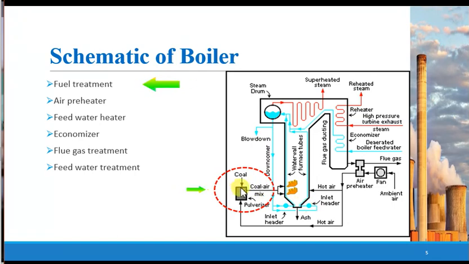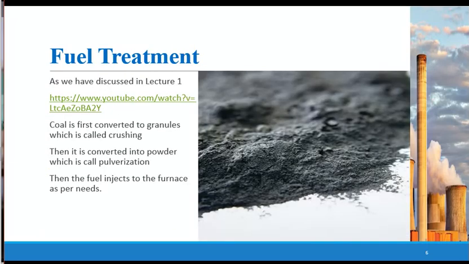The fuel here is coal, and when the coal is entering for combustion, we take coal from the mines, and it's just like rocks, so it's of irregular shape and irregular size. So first we have to convert it to some specific size to make it regular and make the combustion easy.